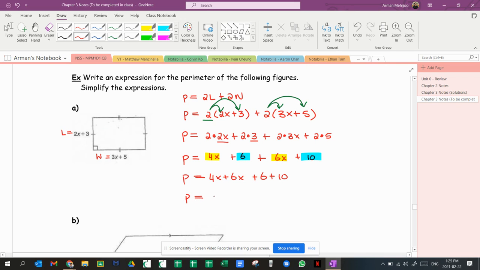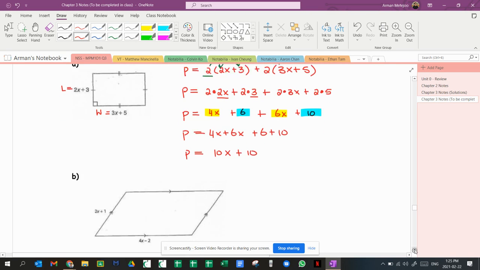And now I can simplify. So my perimeter for this shape can be found using the following equation. So my perimeter is 10x plus 10. And so if the question gives me a value of x, I'll be able to figure out what my perimeter is.